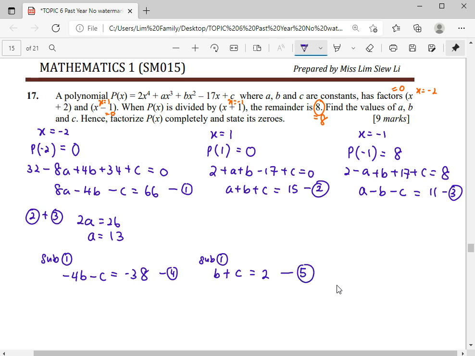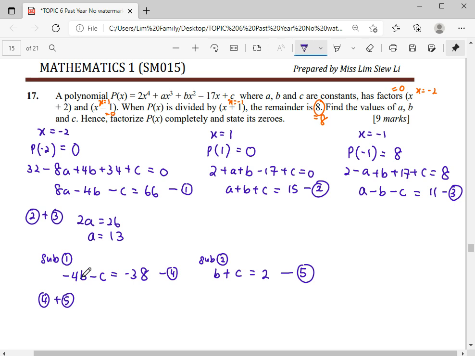And then we will add 4 plus 5. C will be eliminated. Okay, so writing mistake, substitute into 2. Okay, so adding it together, C will be eliminated. We can find B. Either one can be eliminated, and we can find the remaining one.